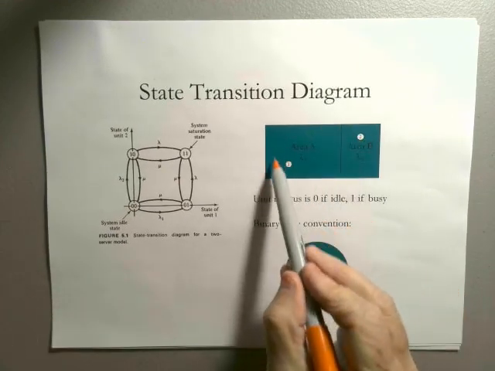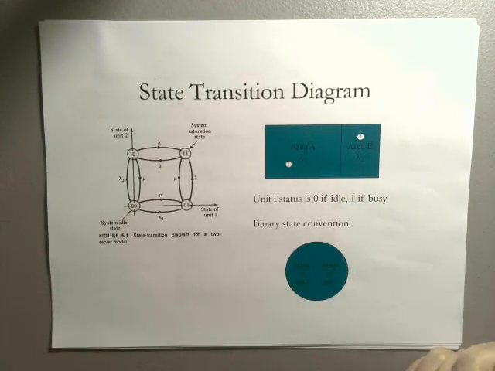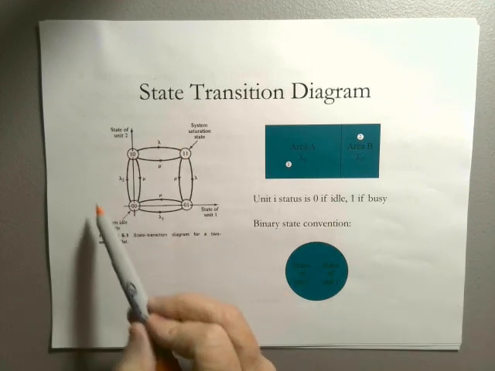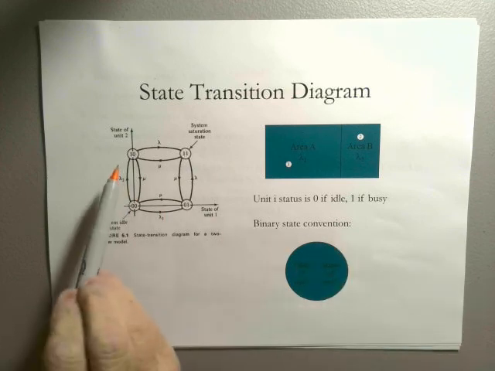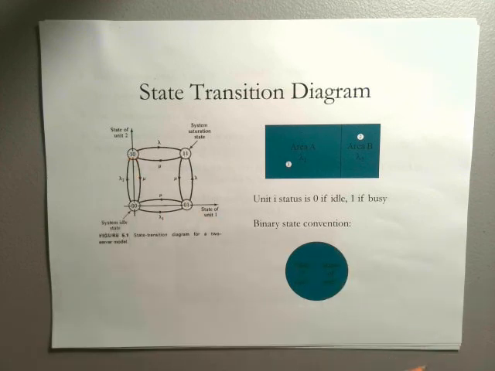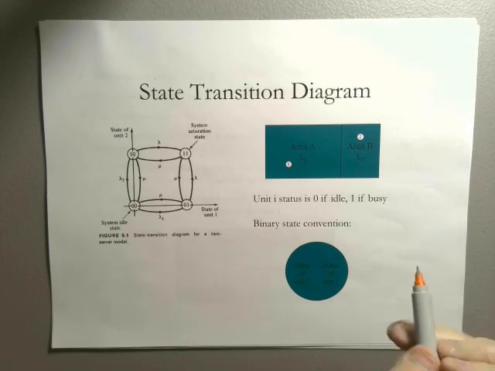So here's my area. What we're going to do this time is have a state transition diagram that is not just laid out linearly. It is laid out on 2 axes, if you will. Each one of these circles is going to represent the state of the system, and we're going to represent the state of the system using binary notation.